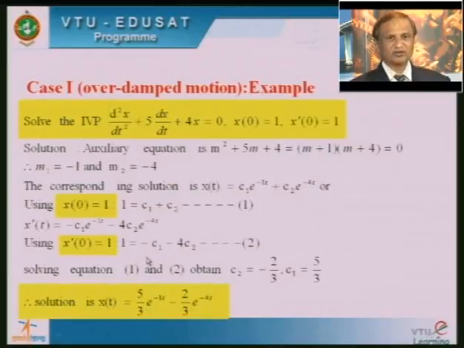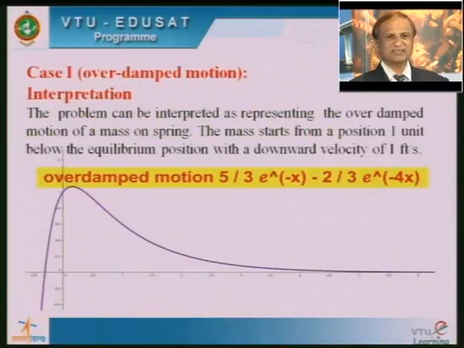Right? So now you want to draw the curve, and verify whether it is an overdamped motion or not. When we observe the curve, we will come to know whether it is an overdamped curve. So how are we going to interpret it? The problem can be interpreted as representing the overdamped motion of a mass on a spring.